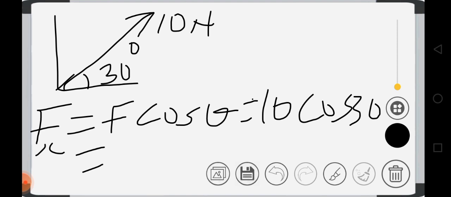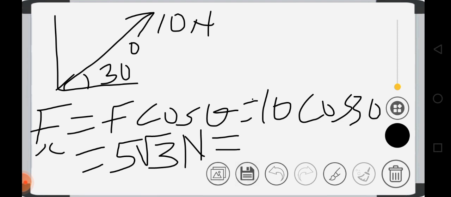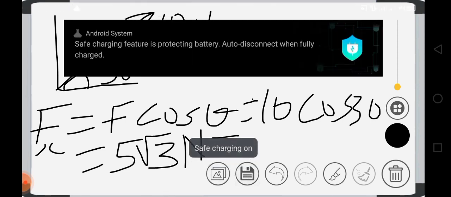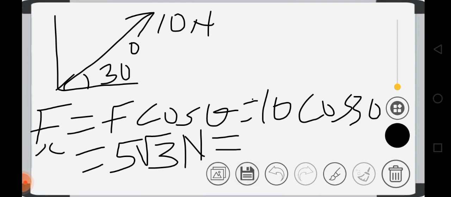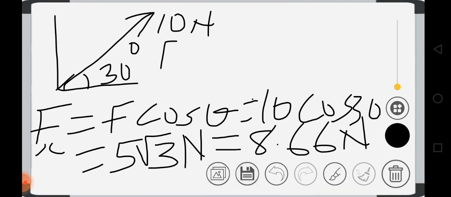Cos 30 gives 5√3 newtons, or in decimal, 8.66 newtons.